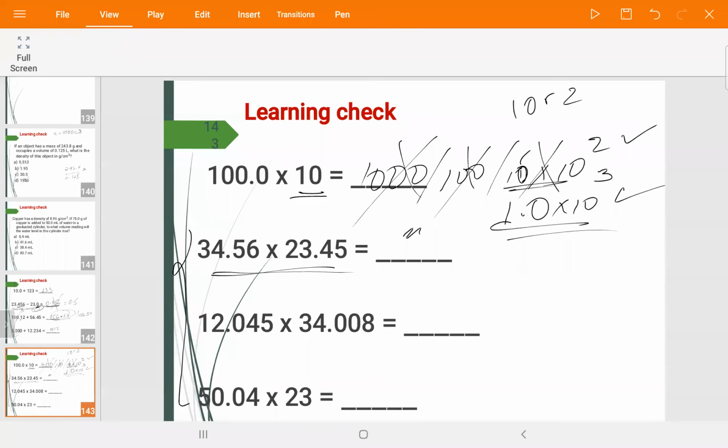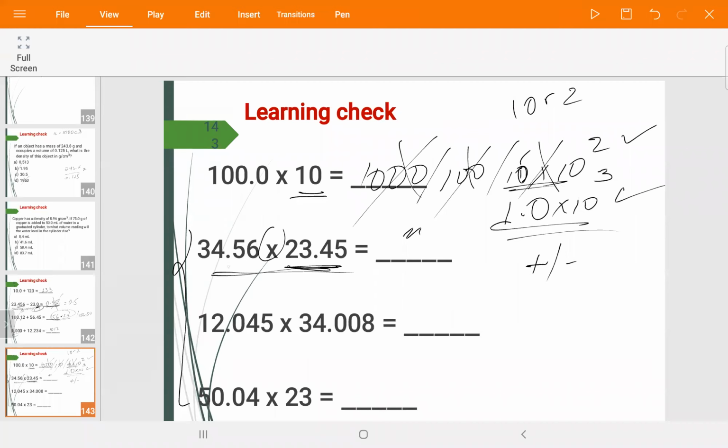when you have multiplication, the answer should be consistent with the value that has the least number of significant figures. When you add or subtract, just remember that the least decimal value should be the answer.